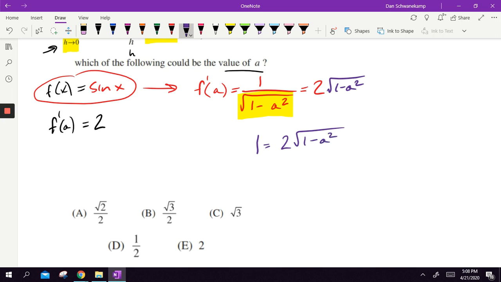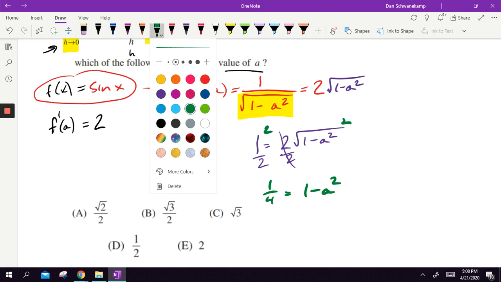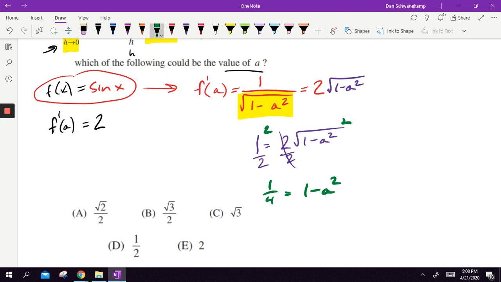I'm trying to get a by itself, so I'm going to divide by 2. I'm going to get rid of the square root, so I'm going to square both sides. So 1/2 squared is going to be 1/4, equals 1 minus a squared. I don't want it to have the 1, so I'm going to subtract 1. 1/4 minus 1 is negative 3/4.